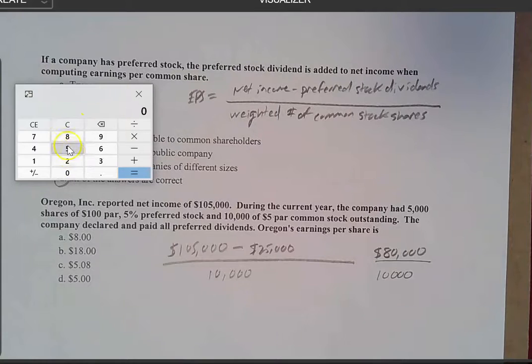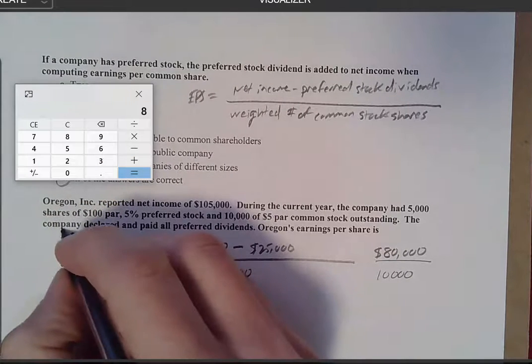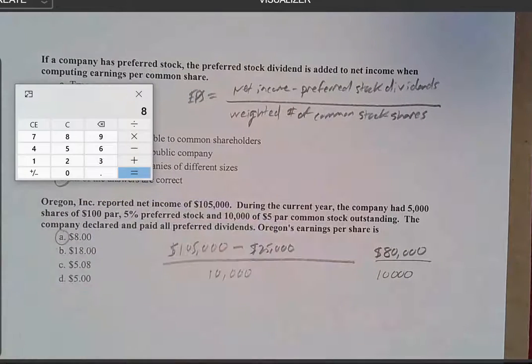And so, if we take 80,000, and you already know the answer, I know, divided by 10,000 shares, 80,000 divided by 10,000 equals 8, and that is choice A. Okay, so now we know a little something about earnings per share.